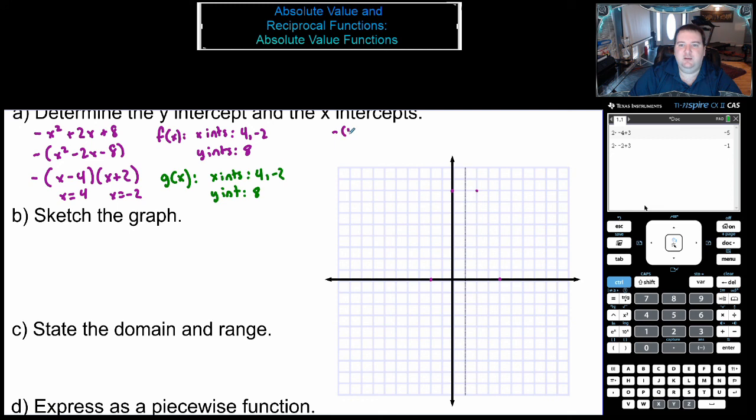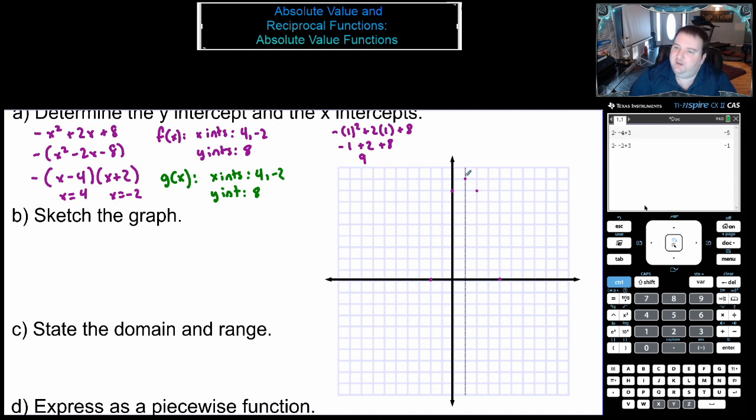We're going to have negative 1 squared plus 2 times 1 plus 8. This would be negative 1 plus 2 plus 8, which is 9. So right there. All right. Now, I don't think we really need more points. I think this is enough for us.